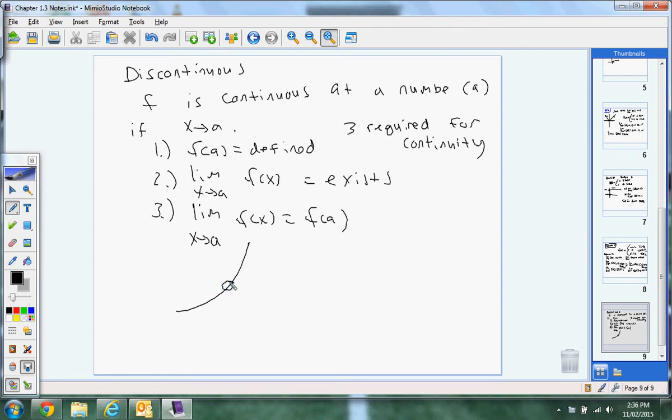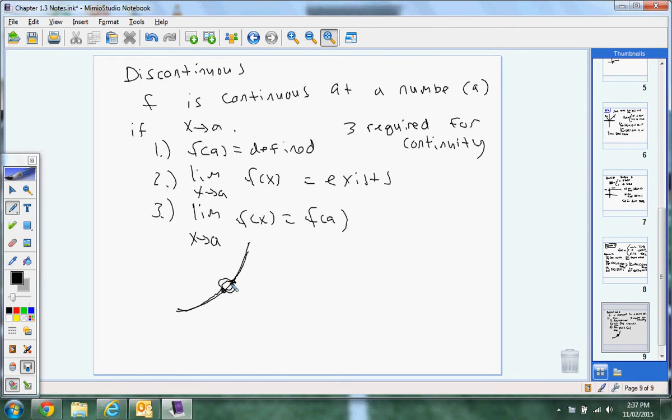Let's say I put an open dot right here. I meant to say, can we have discontinuity and then have a limit? We can, because right here being an open dot, the limits approach the same number, but the open dot still stops the continuity.